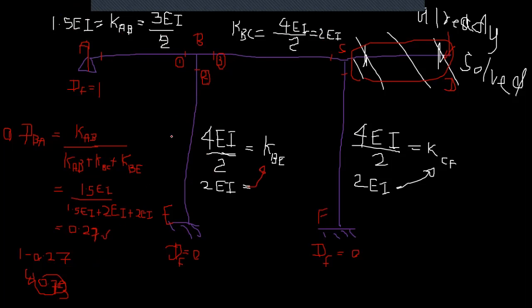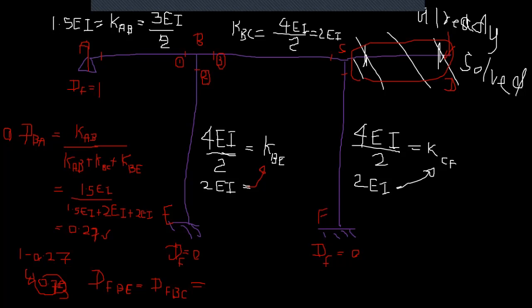So the distribution factor at the B joint for the BE member is equal to the distribution factor at the B joint for the BC member.